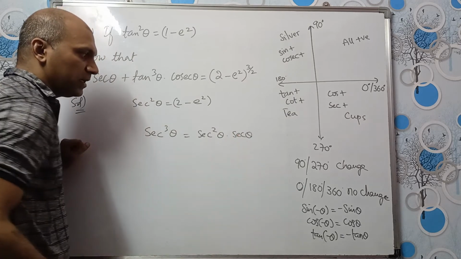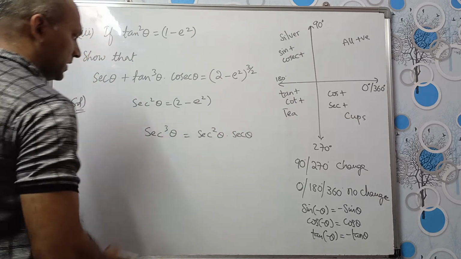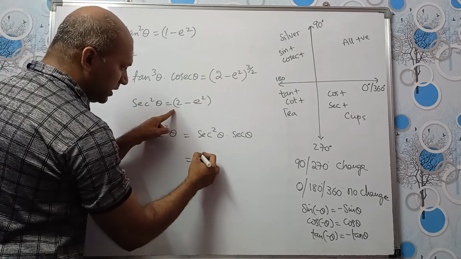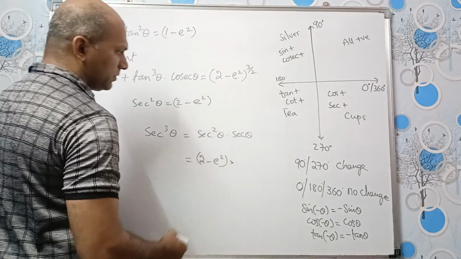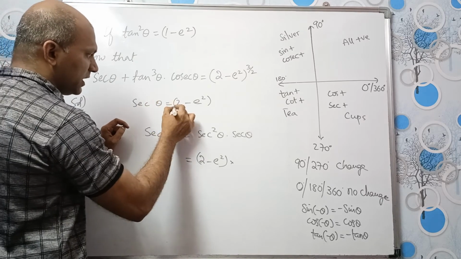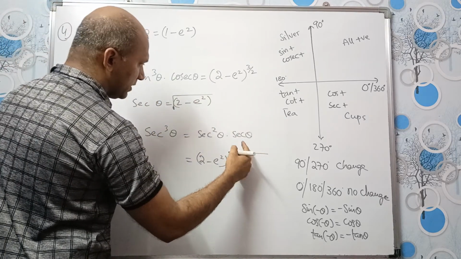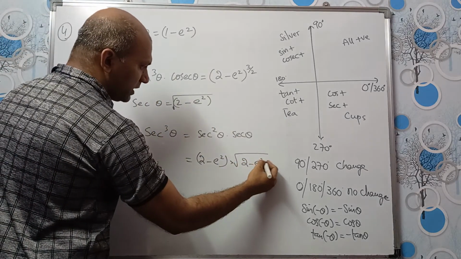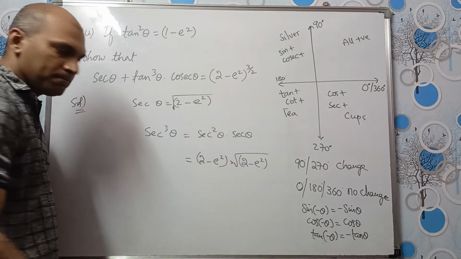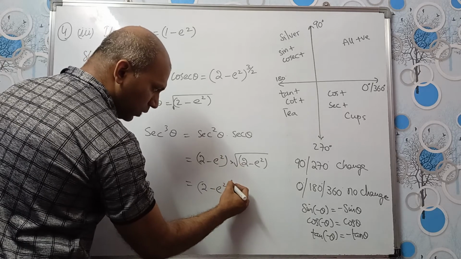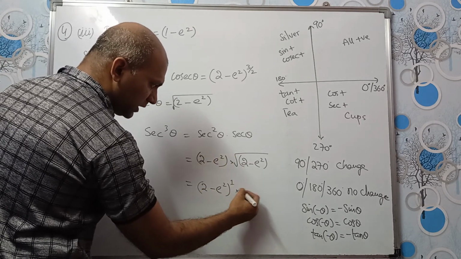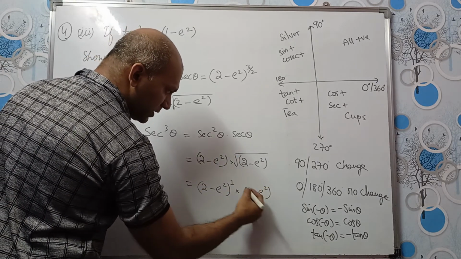Sec² multiplied by sec θ. Okay. Sec², let us write 2 − e². How can we write sec now? See, square goes on the other side, becomes root. So let us write that sec θ is the square root of 2 − e². Okay. So this is (2 − e²) power 1, this whole power 1, multiplied by the root of 2 − e².